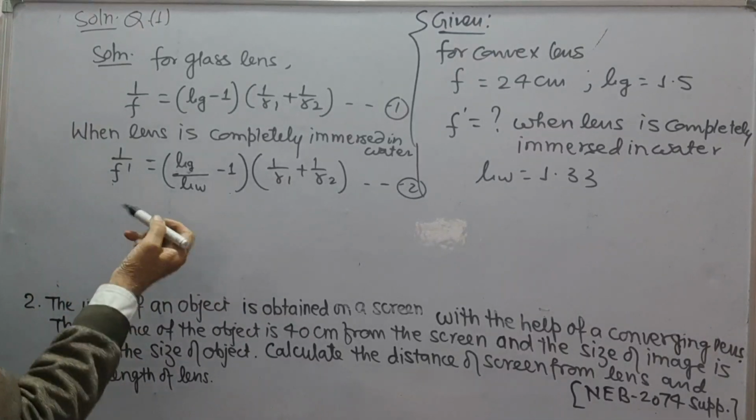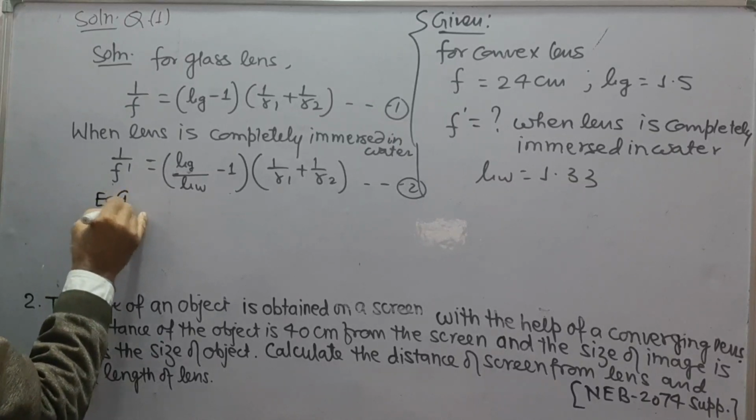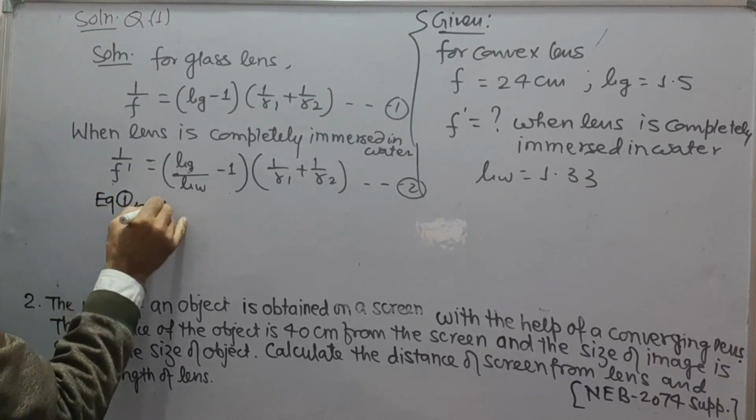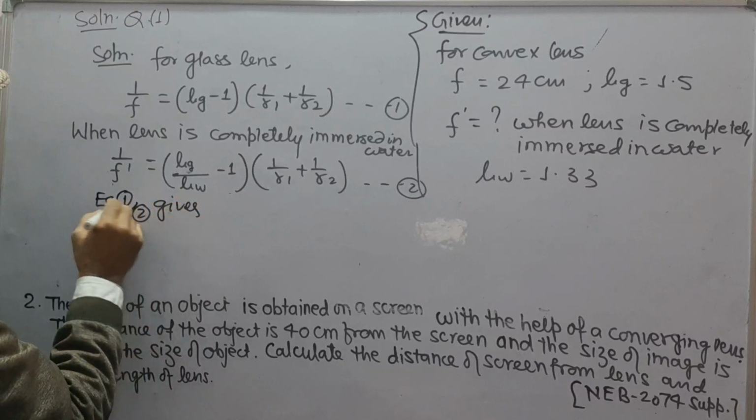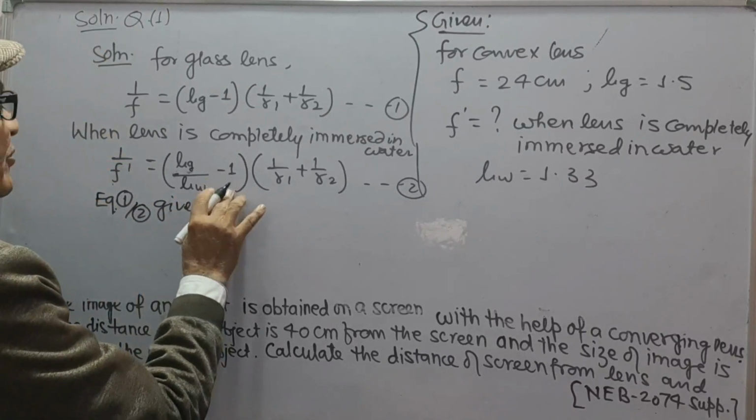Now equation 1 upon 2 gives, f dash goes in the numerator.